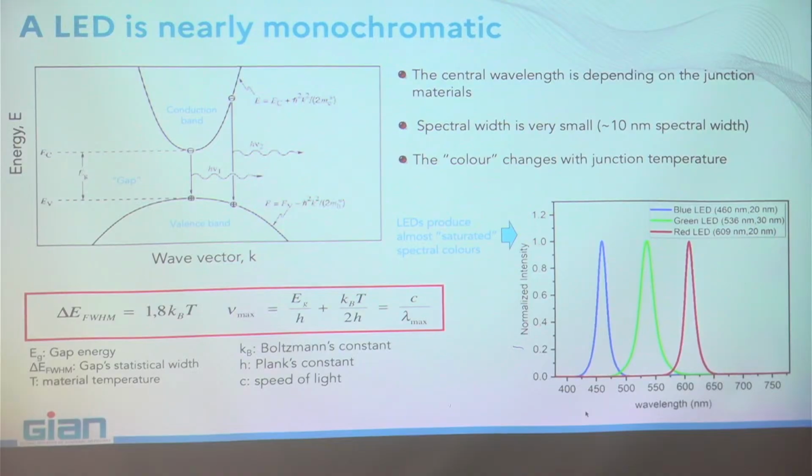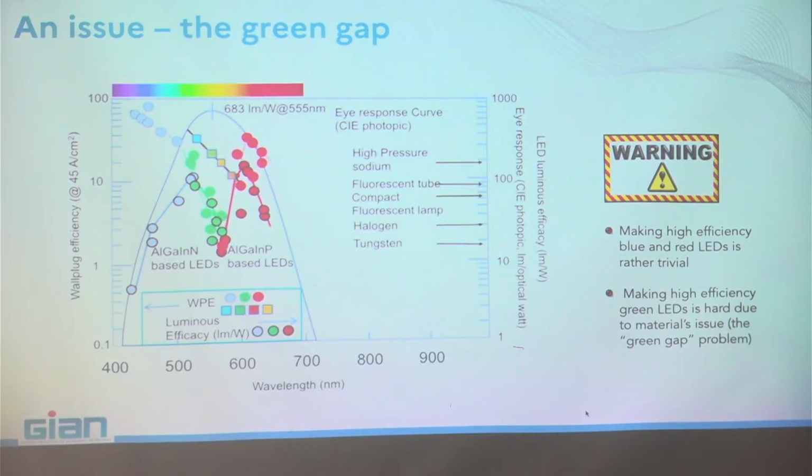If an LED heats up, its wavelength and color shift. You see here that the maximum, this value, depends on the gap, but also on the temperature. And this may be problematic, especially for lighting, when you need a fixed wavelength to get good quality of light. And as I told you, this is the famous green gap problem.